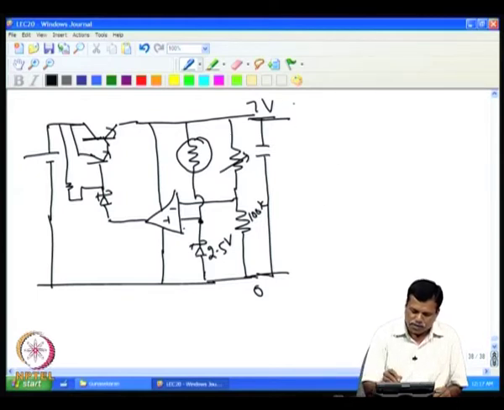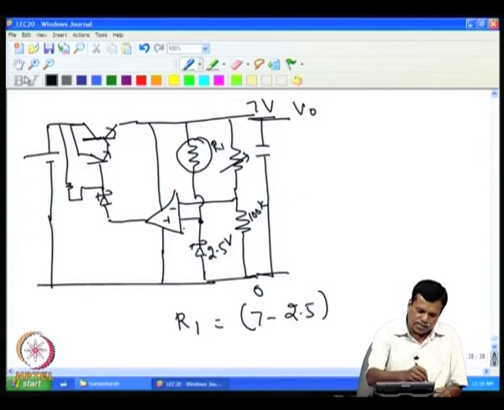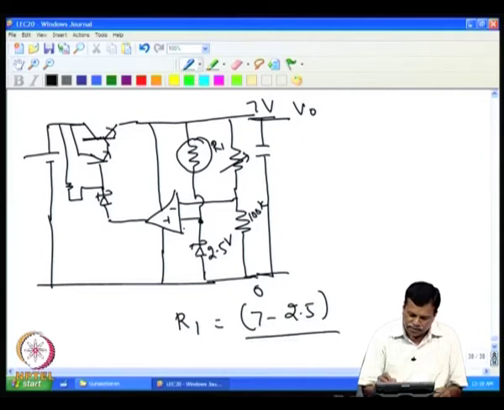So V0 is 7 volt, and this is R1. R1 will be 7 minus 2.5, because this is sitting at 7 volt and this is sitting at 2.5. So the voltage across it divided by the minimum current required for the zener, say 50 microamps, gives the resistance that we have to take.